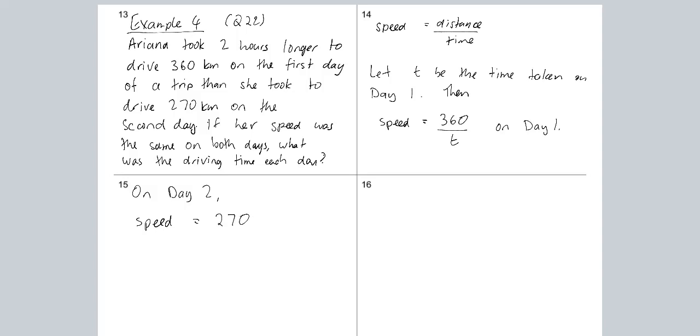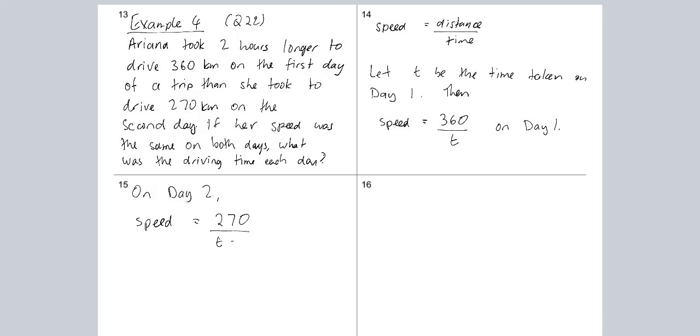Nearly. 270 is the distance, but what is the time on day 2? Think about it for a moment. It's not t. Maddie. t minus 2. t minus 2. Well done. t minus 2.